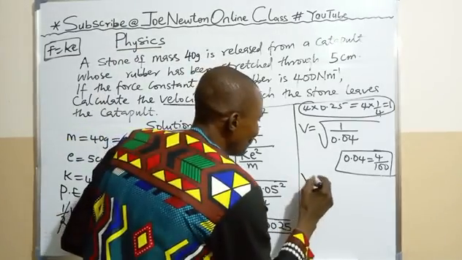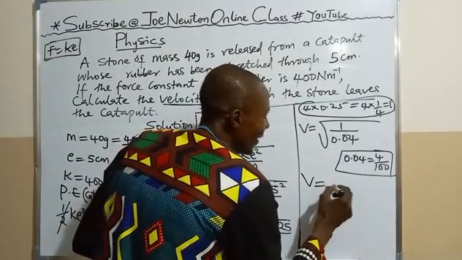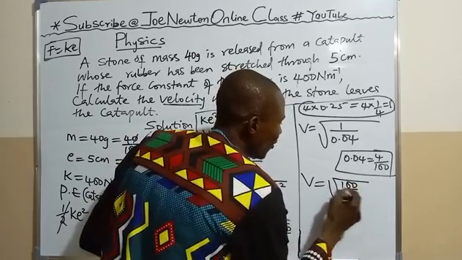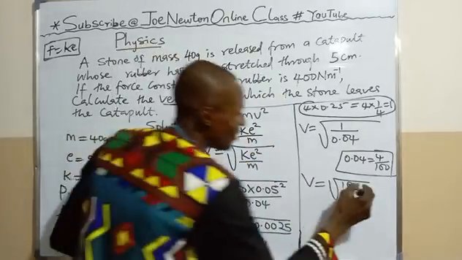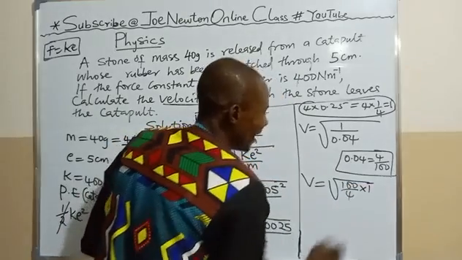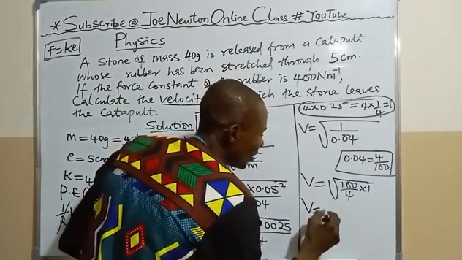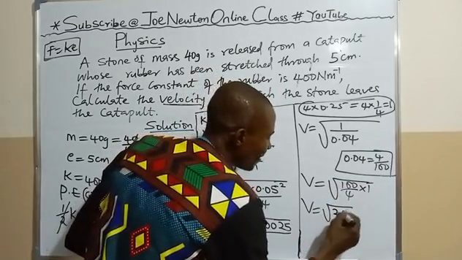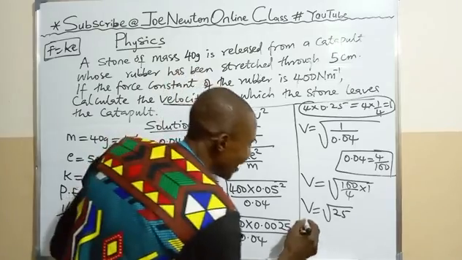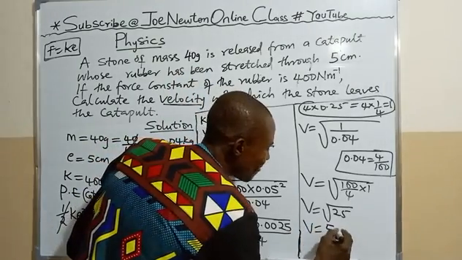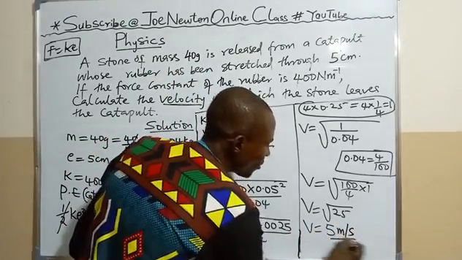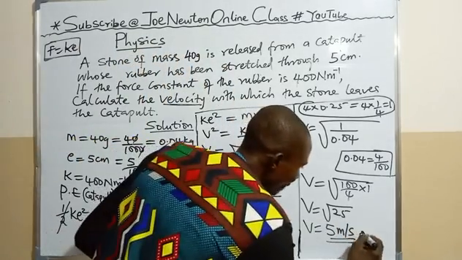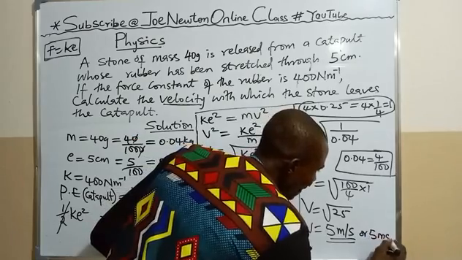So we now have that v equals square root of 100 over 4, times 1. That's the magic. And that will give us v equals square root of 100 divided by 4, which is 25. Then the square root of 25, we have that v equals 5 meter per second. Don't forget the unit, 5 meter per second.